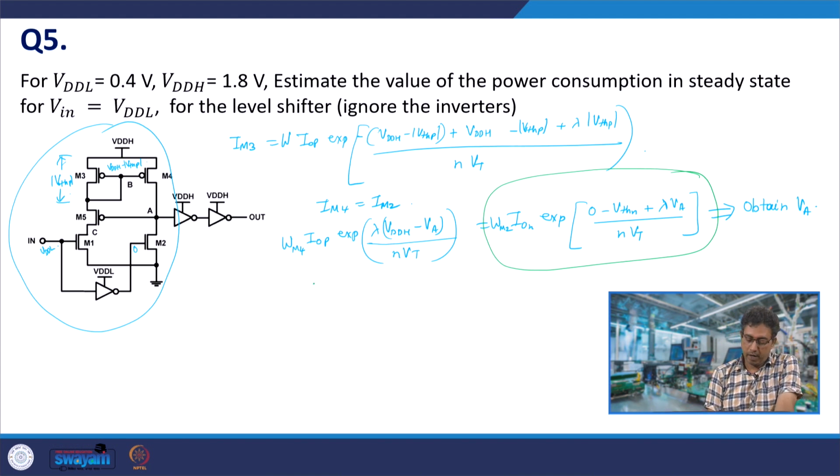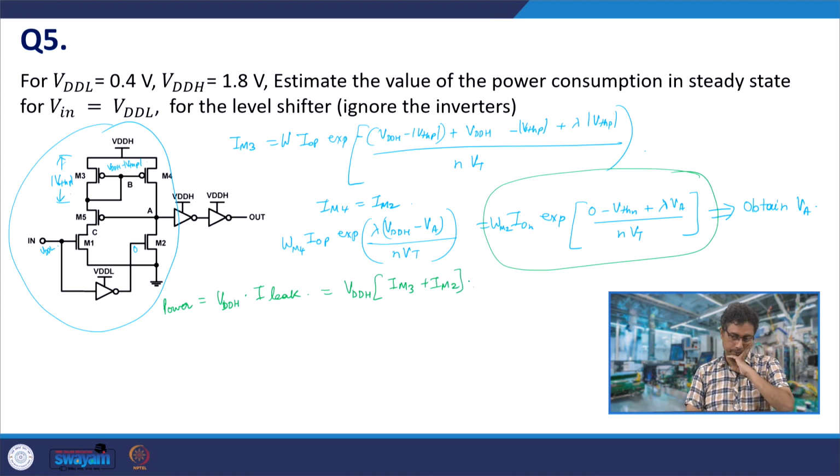So, I leakage into VDDH is equal to power consumption, which is VDDH into IM3 plus IM2. You can also use IM4, both would have the same leakage current.